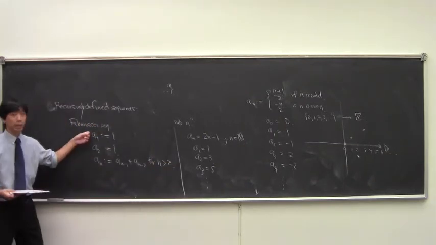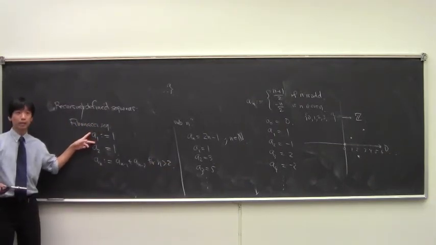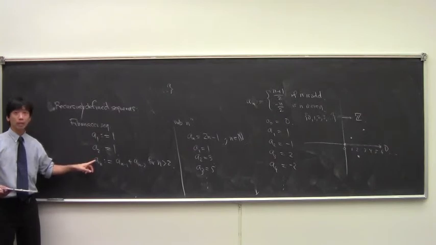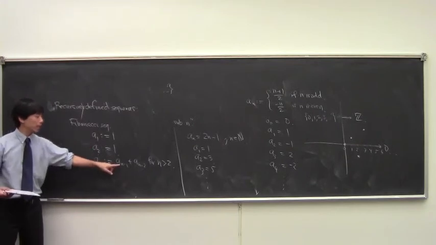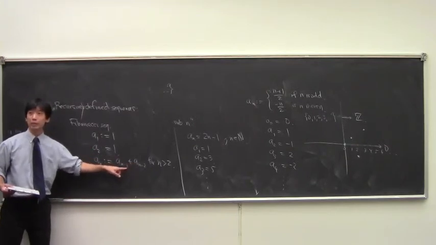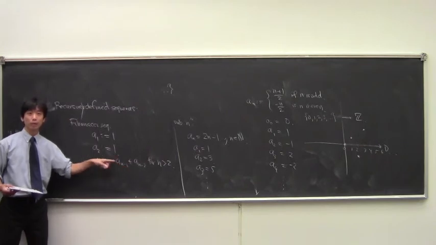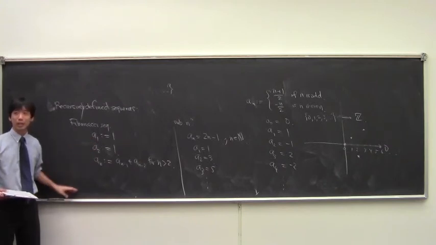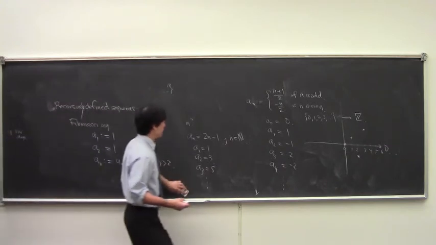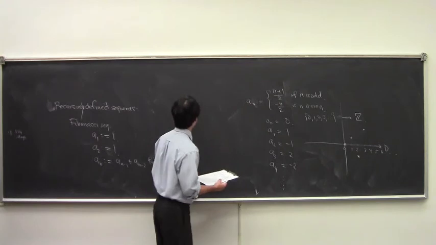So for A1 and A2, you define it, and above that, you define A n in terms of the two previous ones. You see why we had to define the first two, because you need two previous ones to get A3.